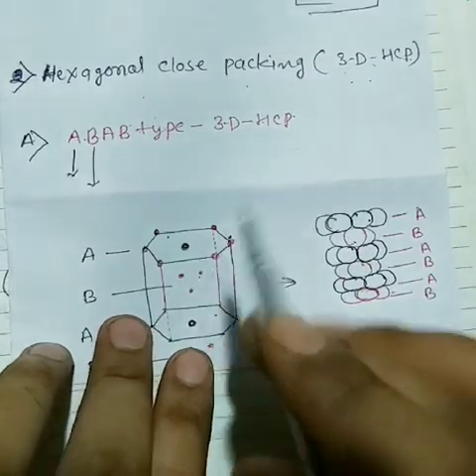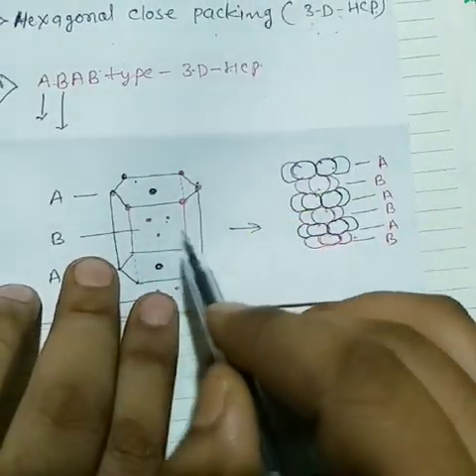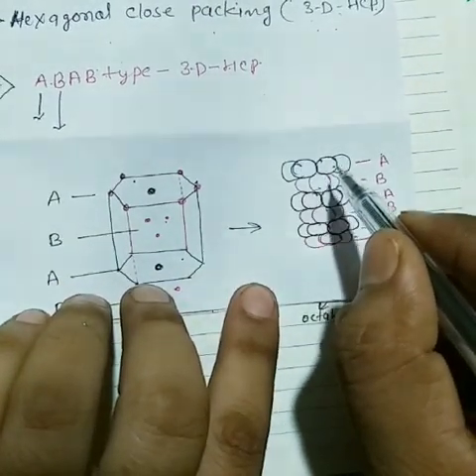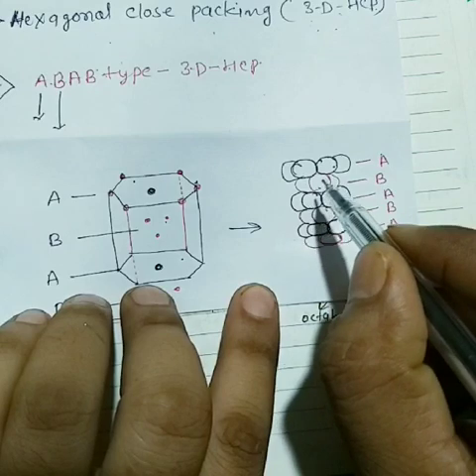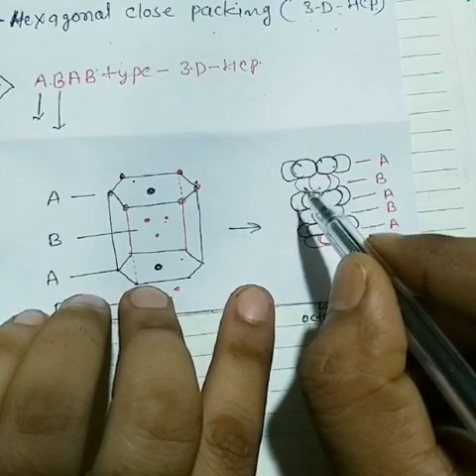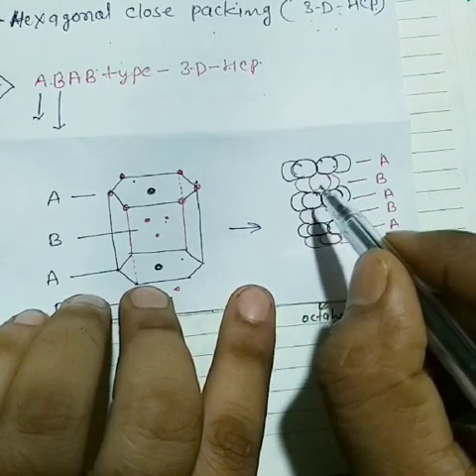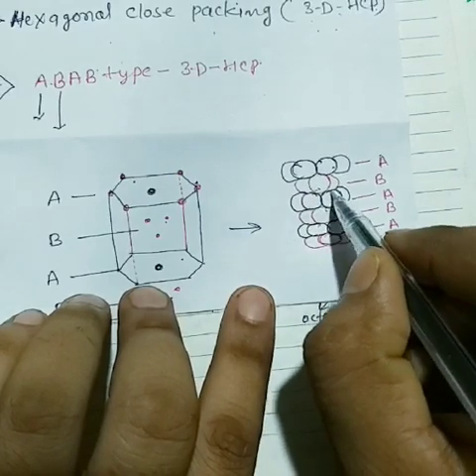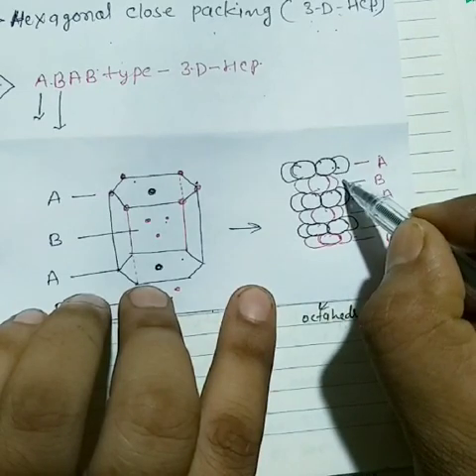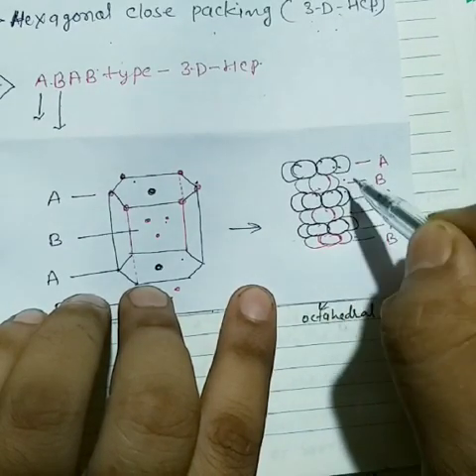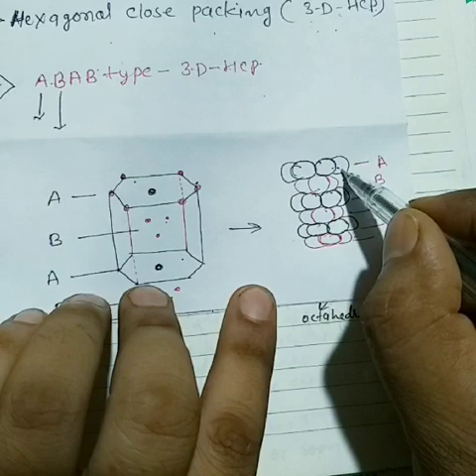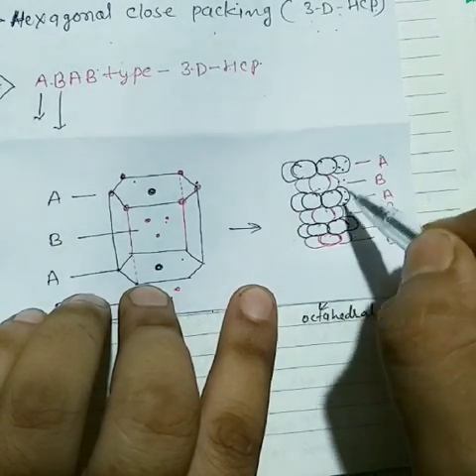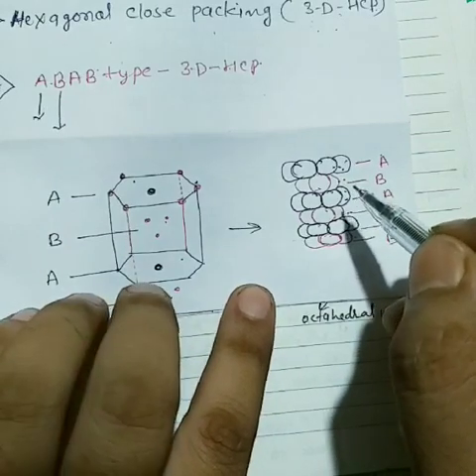See, students, here it is a hexagon, and here are the triatoms, which are very important. That means first layer, second layer, first layer, second layer. The first layer and third layer are the same, and the second layer and fourth layer are the same.